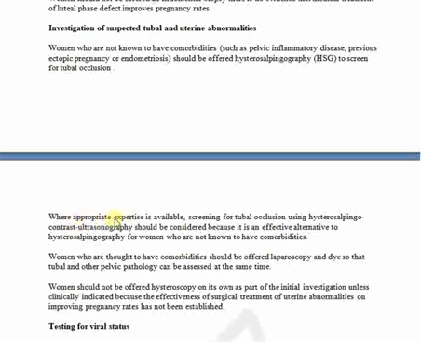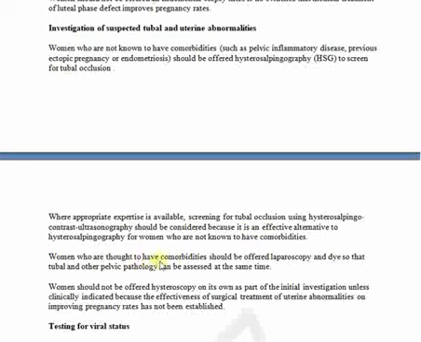Where appropriate expertise is available, screening for tubal occlusion using hysterosalpingo-contrast ultrasonography should be considered because it is an effective alternative to hysterosalpingography for women who are not known to have comorbidities.